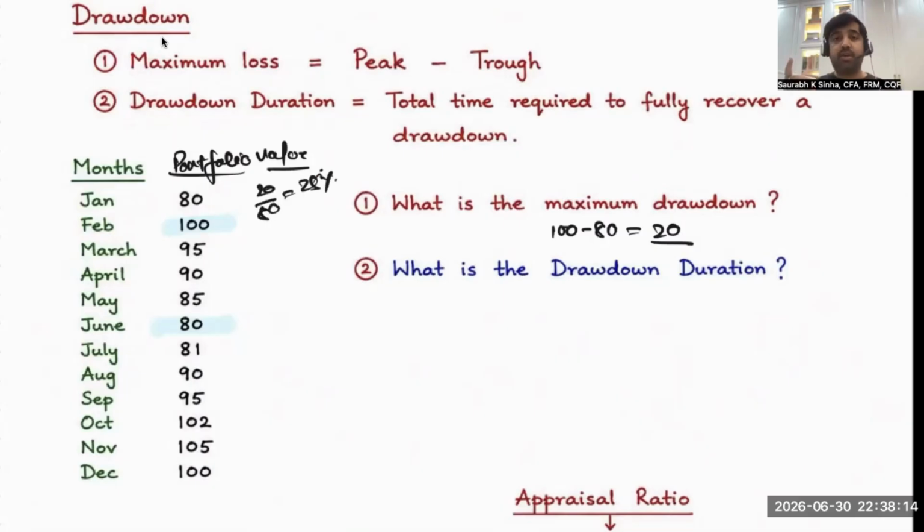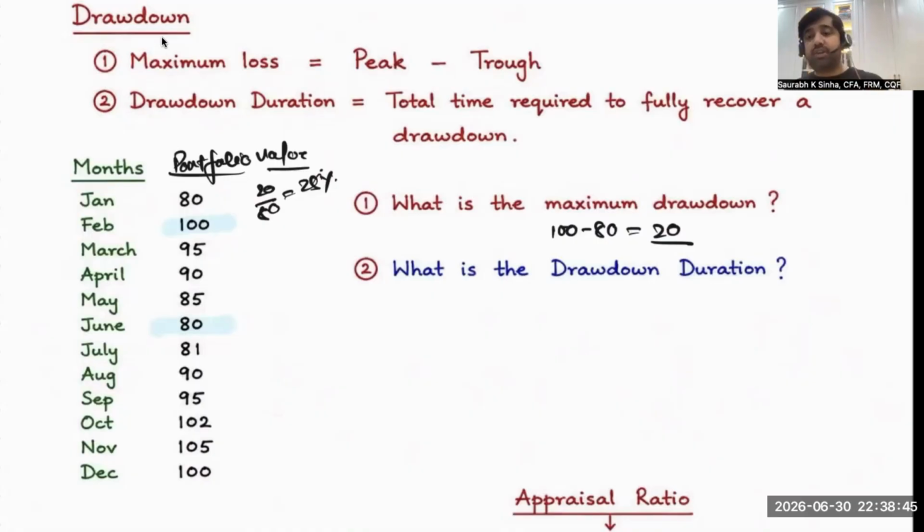But because of your timing, you invested in February and took out money in June at 80. That's why you incurred the maximum loss. We want to know the maximum possible loss that a portfolio manager or an investor can incur just because of timing issues, because I don't know how to time the market. So that is maximum drawdown.